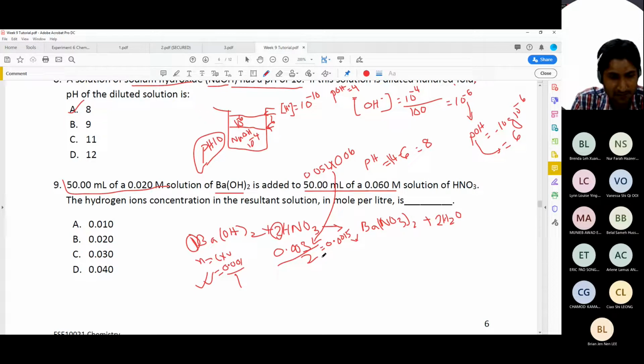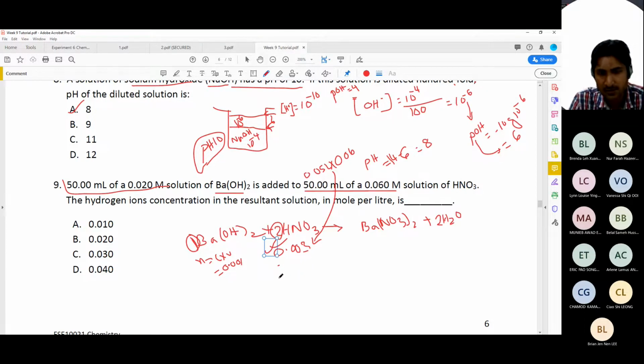Limiting reactant will finish up faster, right? And the excess reactant will be in the solution, isn't it? Which one is the excess reactant? This is the excess reactant. How much of this will be there in the solution?